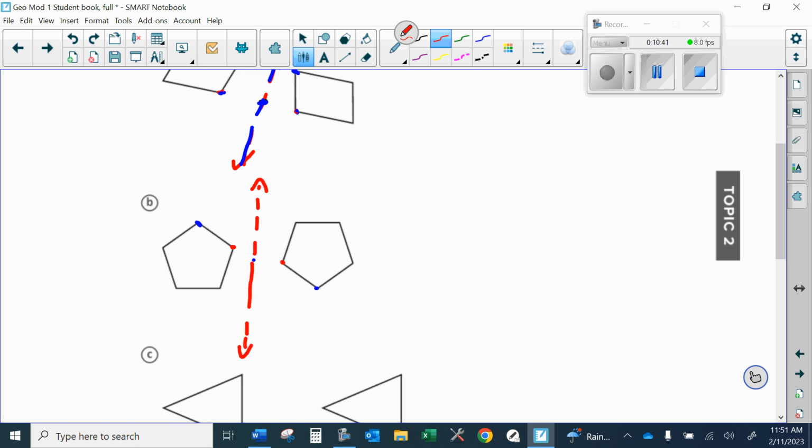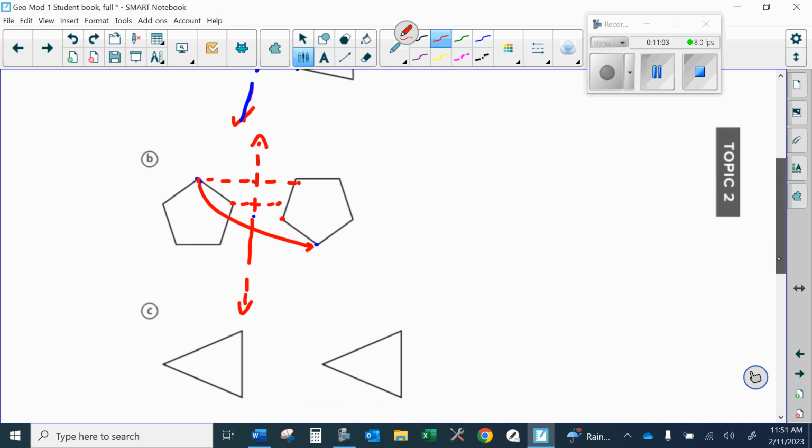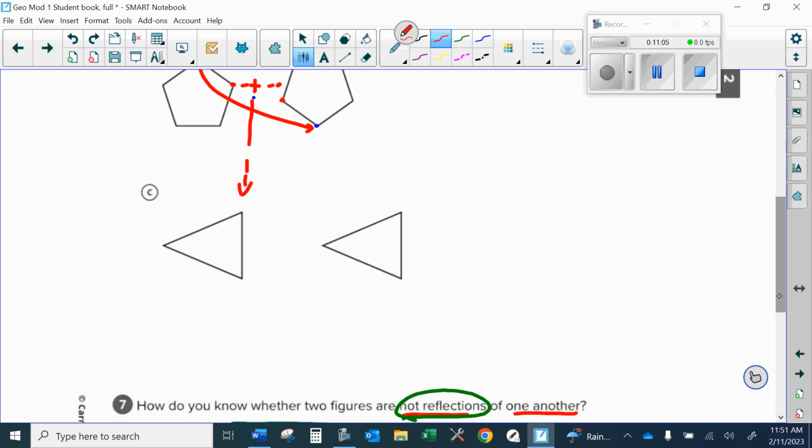Now, when I go 90 degrees to that line, it'd be like this. Okay, and that ends up over here. That does not end up where it's supposed to be down there. So therefore, or I could have taken this one, 90 degrees to it, ends up right there. It doesn't end up down here for any of these points. Okay, so there is not a reflection line right there. I mean, it's going to take more than a single reflection to get there.